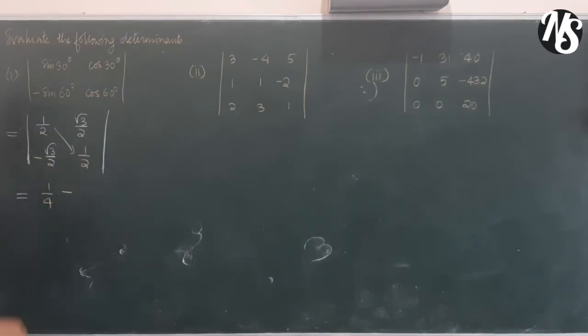Sign will be minus here. Now root 3 into root 3 is 3, by 2 into 2 is 4, but here we have minus also, so we have minus. Is that clear? So 1 by 4, minus into minus becomes plus, so it is 3 by 4. LCM is 4 and this becomes 1 plus 3, so this is 4 by 4, that's why your answer turns out to be 1. Isn't it very simple?